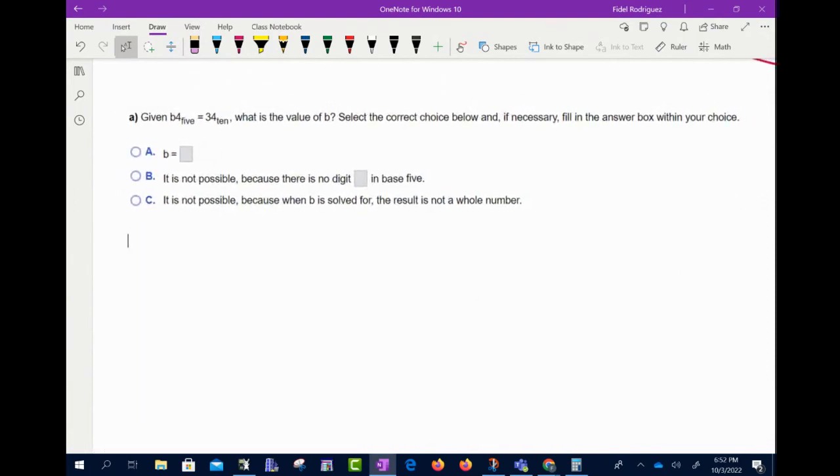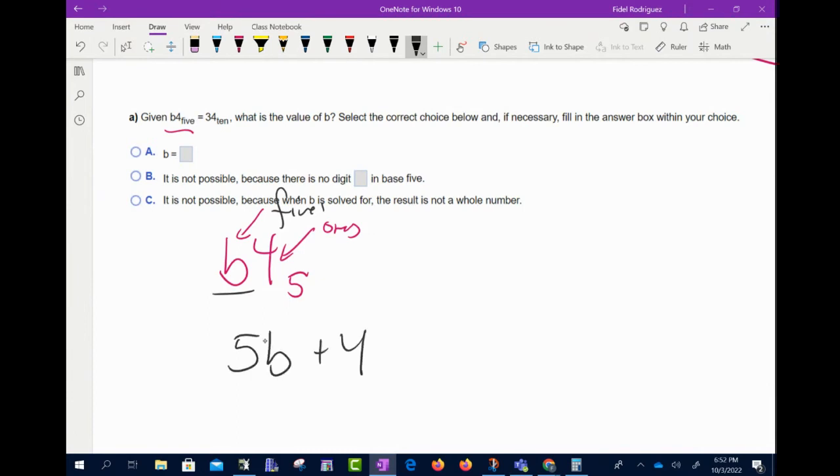First thing, b4 base 5: these are the fives. That tells me b is the number of fives I'm going to have, so 5b plus 4 is equal to 34.